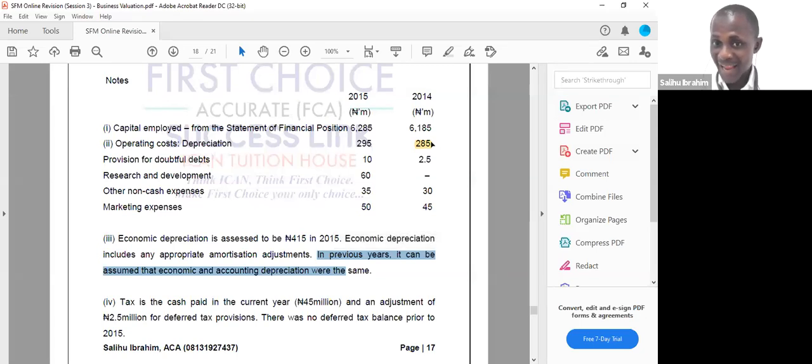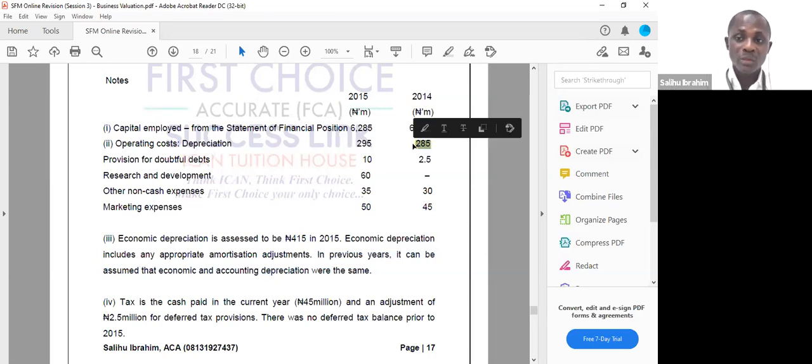Did you understand? Normally, you see that I first added this, but when I check the additional information, before you can add it, there must be economic depreciation that you are going to use to replace it.